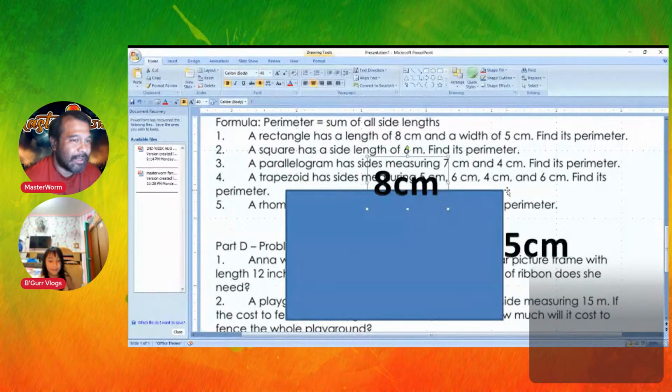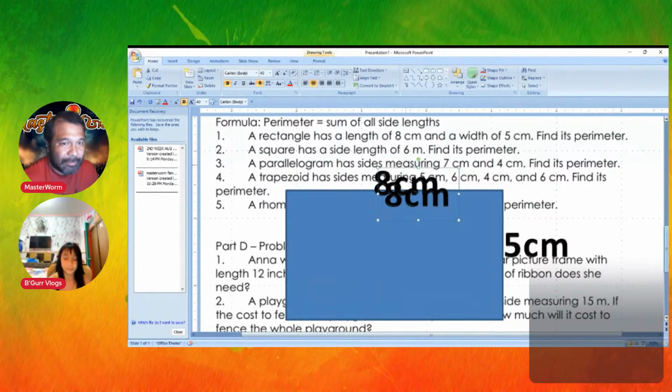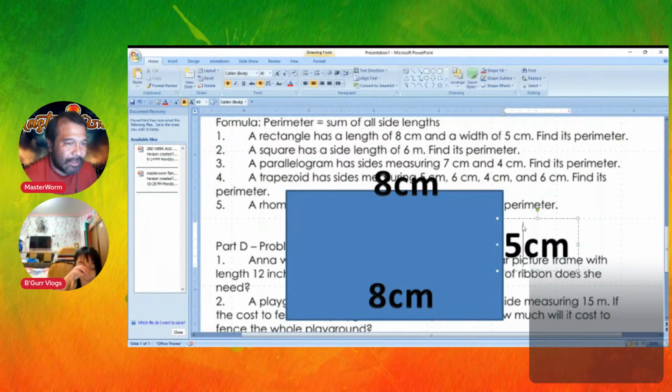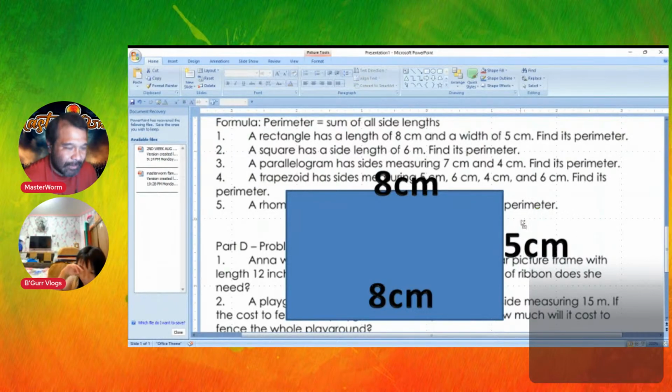And from up to down, that is also 5 centimeters, because that's what is given in the instruction. But since it's a rectangle, the length at the bottom is also the same, 8 centimeters. And the other side will also be the same, 5 centimeters.